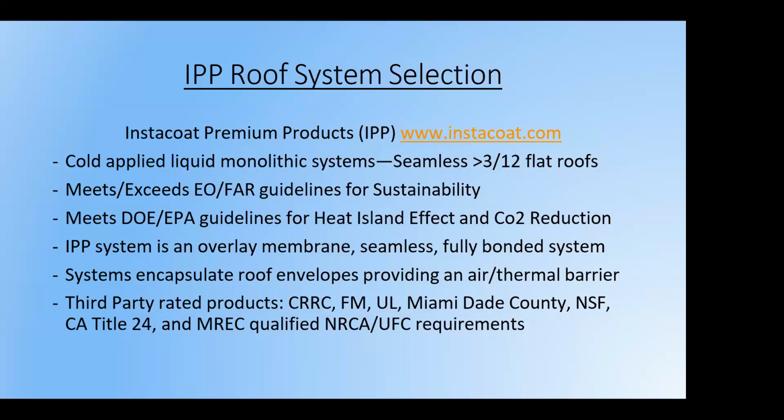The VA wanted products that met executive orders, FAR requirements for sustainability, net zero initiatives, covering CO2 reduction, waste reduction, energy reduction, and overall cost savings. They also had requirements for third-party ratings, SRI values that were rated products, Cool Roof Rating Council.